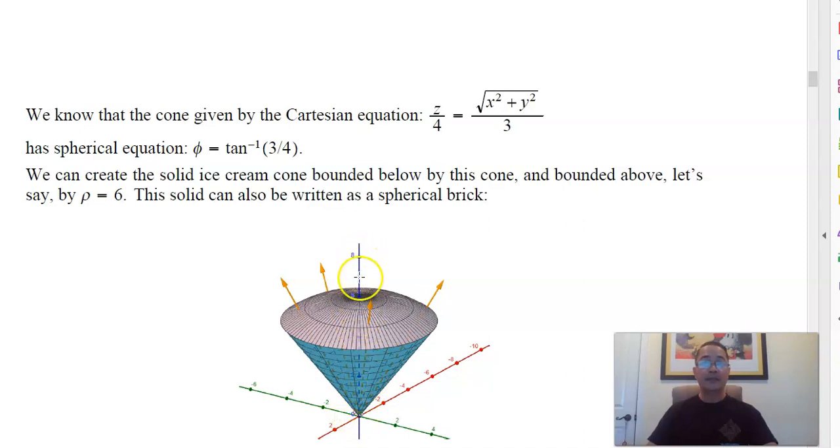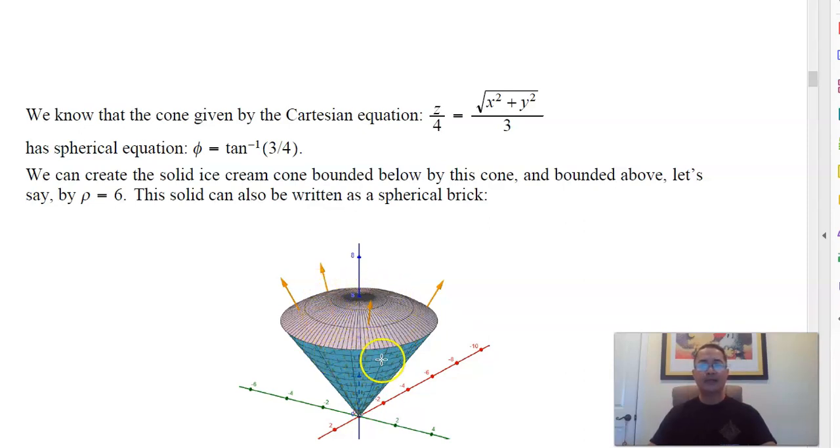So you start up here on the positive z-axis. That's phi equals 0. And then you can increase your angle until you're at this angle, and then the solid stops. But you stay inside the solid until you exit at rho equals 6. Can you go all around the solid?